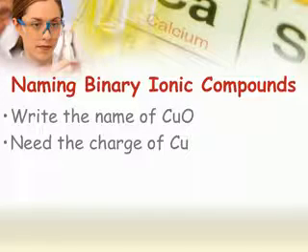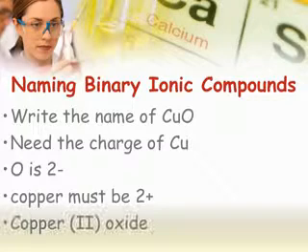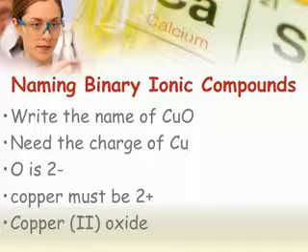We need to know what charge copper is. We know that copper is transitional, so let's see what's up. Oxygen is, of course, oxide, 2 minus. Therefore, in this case, there's 1 copper, so it must be 2 plus. So we write copper(II) oxide, Roman numeral 2.